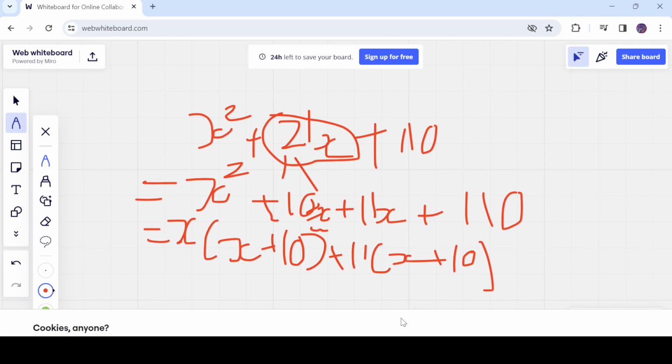It's still a value, it's still the same thing. But now x plus 10 is common. So I can take these two values common, and instead of multiplying it two separate times and adding it all together, I just go (x plus 11) in brackets times (x plus 10).